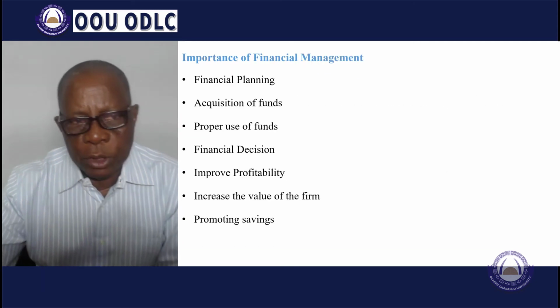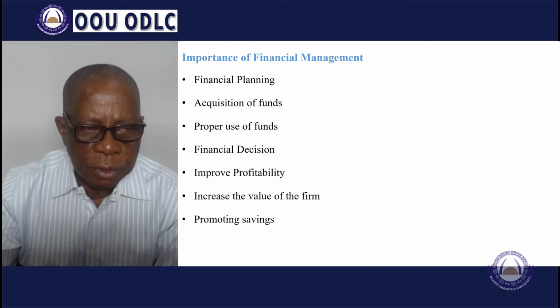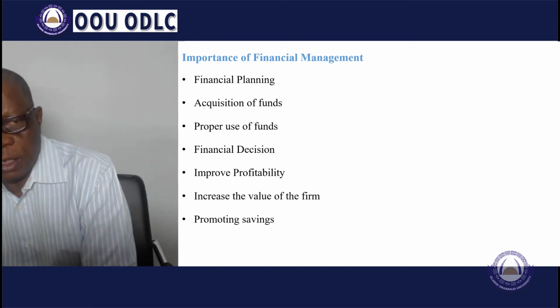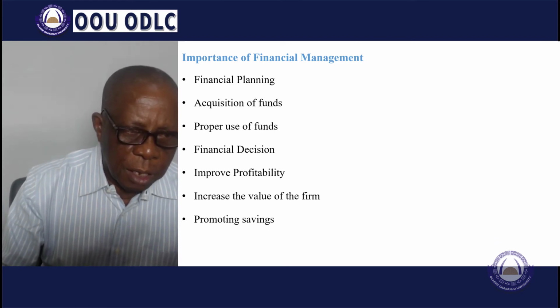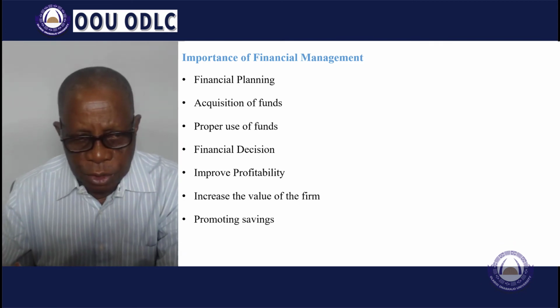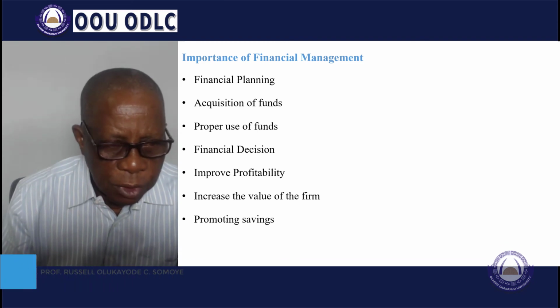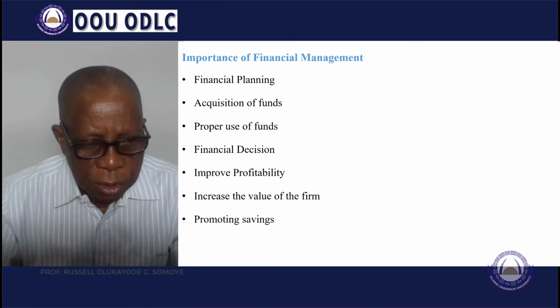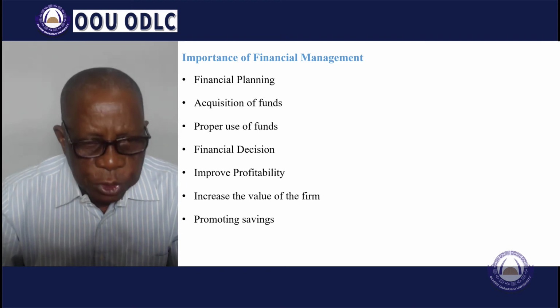We're now going to the importance of financial management, which covers what we have said earlier: financial planning, acquisition of adequate funds, then proper use of these funds in such a way that we can maximize our return and the shareholders' wealth can also be maximized. We then make appropriate financial decisions, improve profitability, increase the value of the firm, and promote savings.